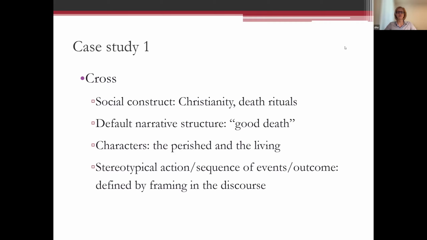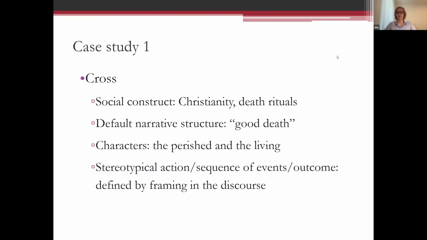At the same time, it is part of a default narrative structure, especially of good death, where death should be good and nice and not violent. The characters involved in this scenario are the perished, who acquire agency in discourse, but also the living, who could act on behalf of the perished.